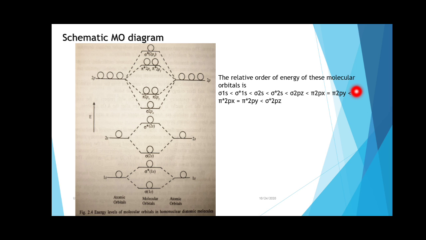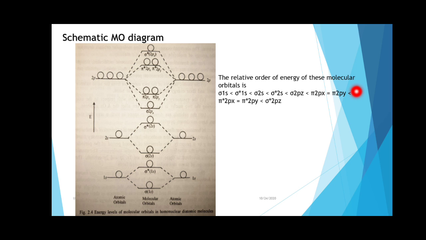One point I want to mention here is that according to the linear combination of atomic orbitals, that is the LCAO approach, only those atomic orbitals which have similar energy form molecular orbitals when they combine.